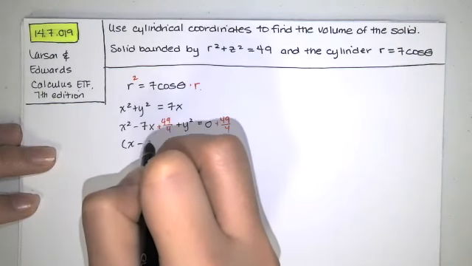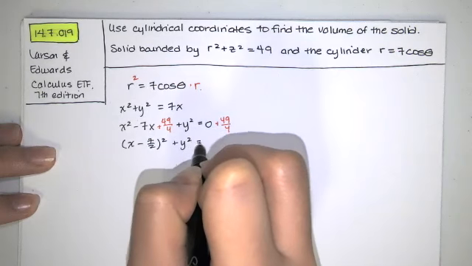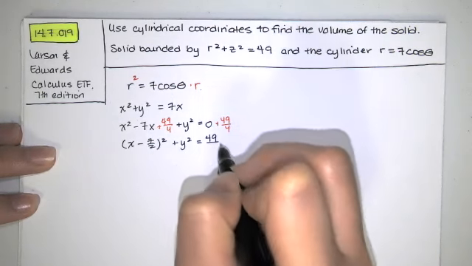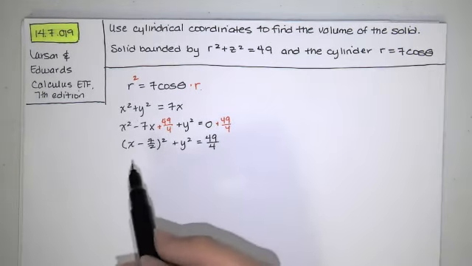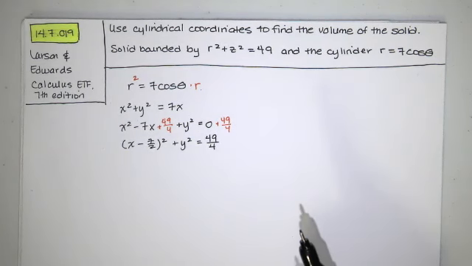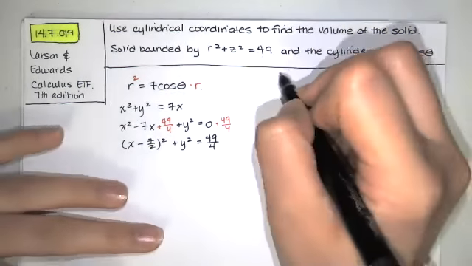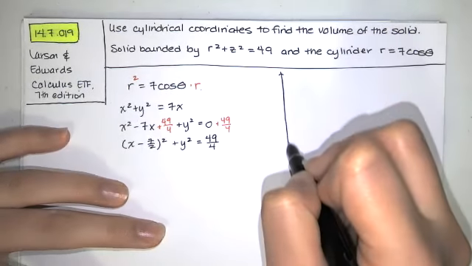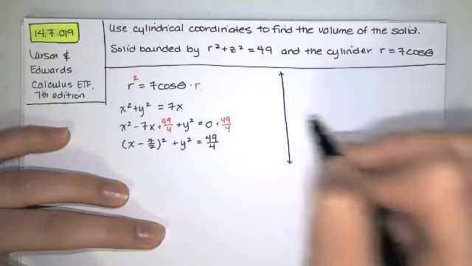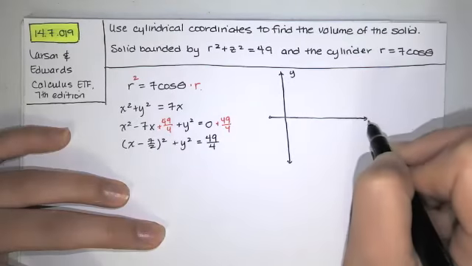So this is actually x minus 7 over 2 squared plus y squared equals 49 over 4. So that means we have a circle of radius 7 over 2, which is 3.5, centered at x equals 3.5, y equals 0. So in the xy plane, what we would see is this.